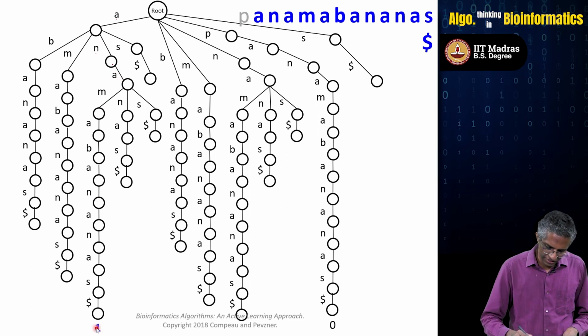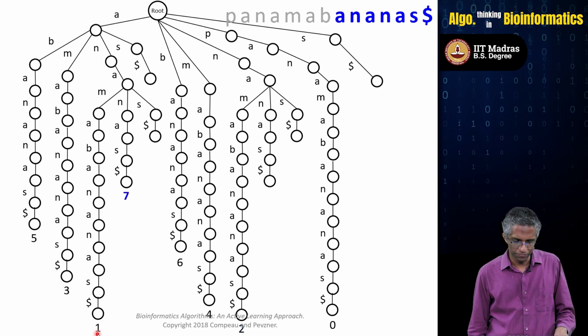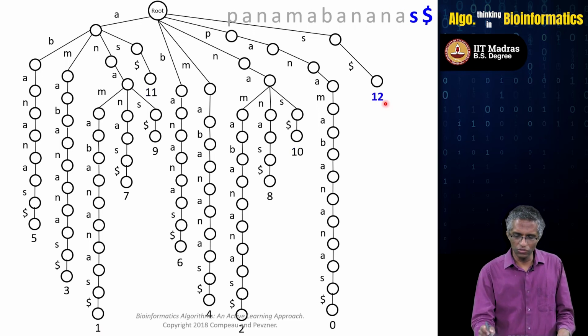This is the first position. The second position is NAMA bananas, and so on. NA dollar is 10th, A dollar is 11th, and dollar alone is 12th.